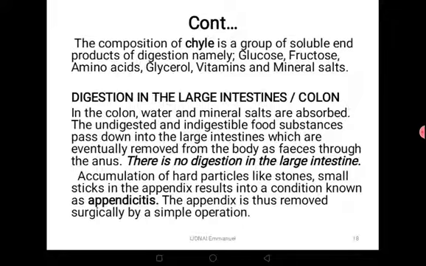When the appendix gets full, you suffer from appendicitis, and one of the symptoms is that you'll experience lower abdominal pain and also difficulty in defecating, and it's painful. But it can be surgically removed by a simple operation, to remove those stones, and then you'll be okay.